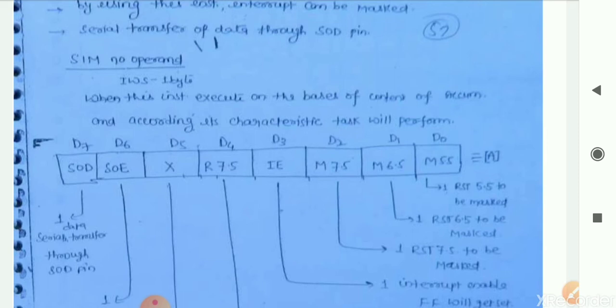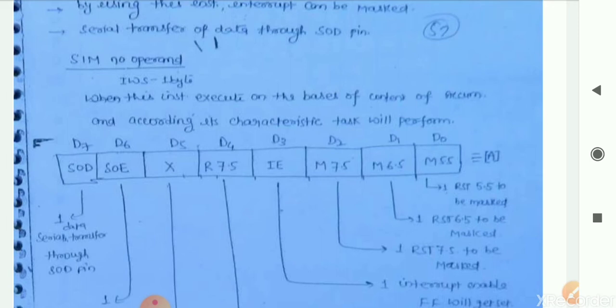If we want to set the interrupt enable flip-flop, that is, the EI instruction is included. So if we set the D3 bit to 1, the interrupt process is enabled and the flip-flop will get set.